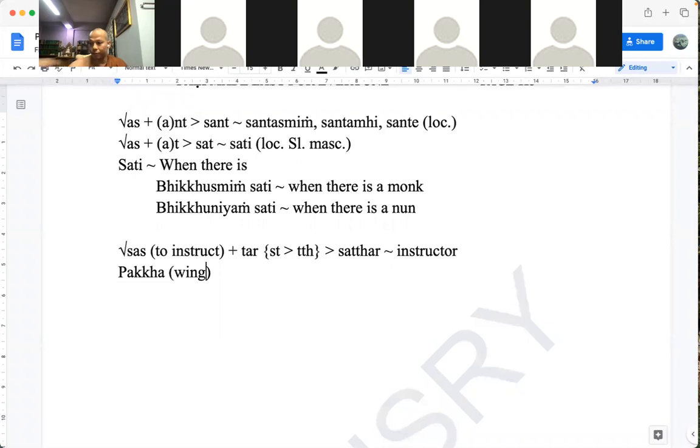Becoming wing. So, okay, and then that becomes i. So we have pakkhi. So it means one who has wings. That means bird, in this way.